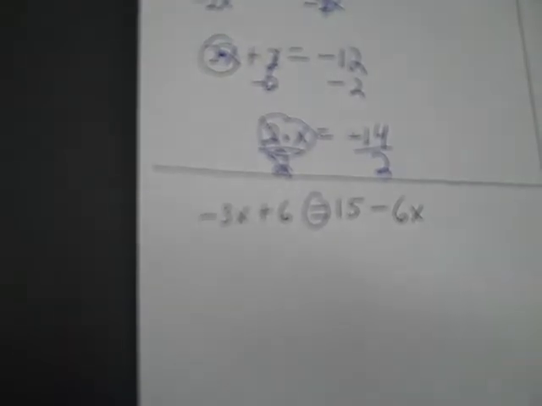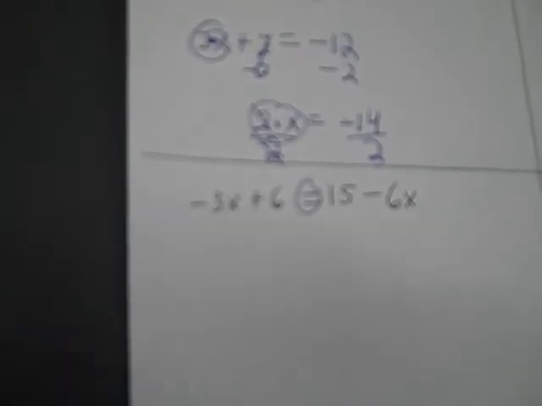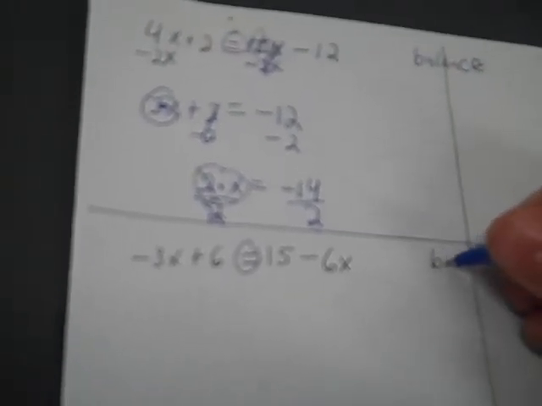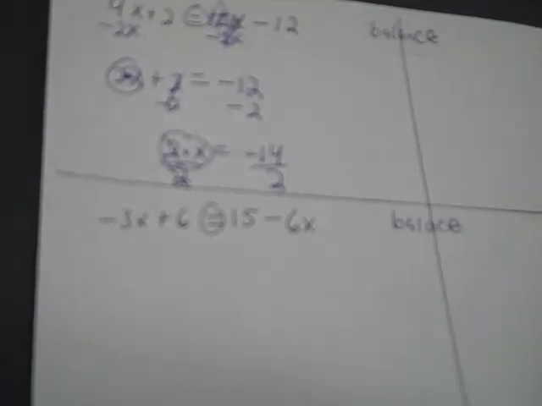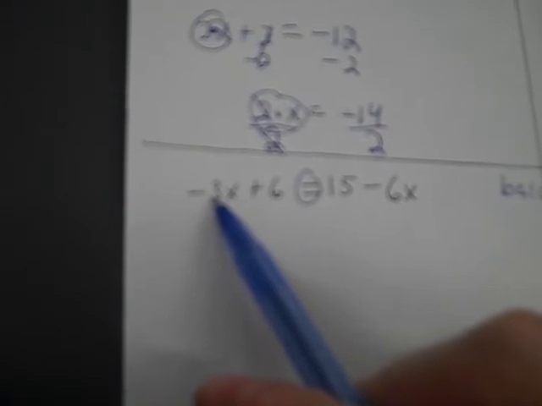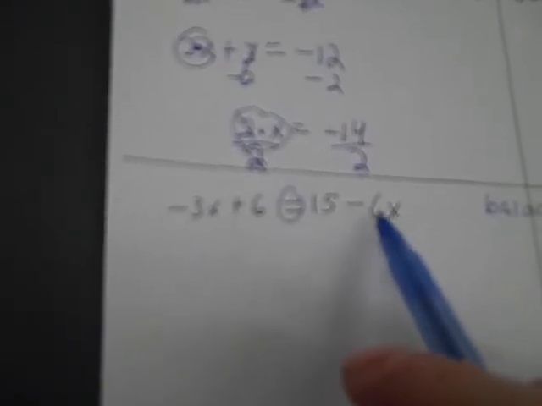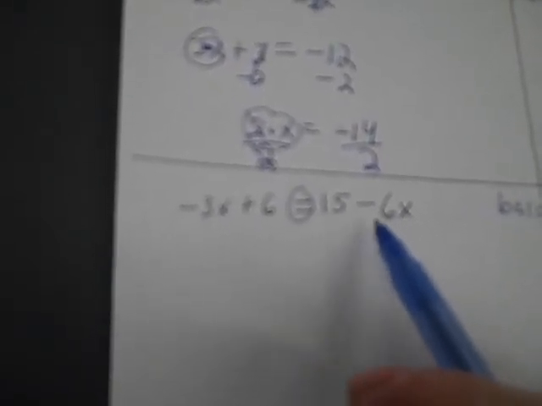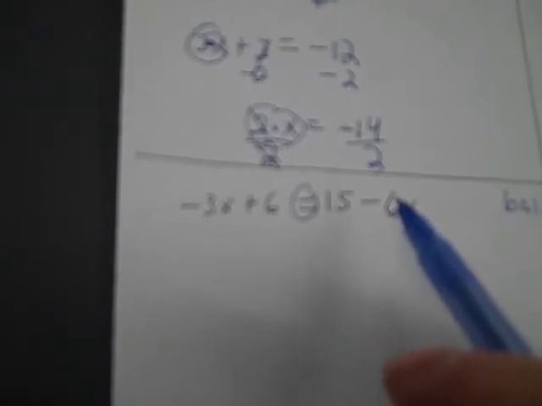Okay, the next one, again, the x appears twice, but it's on opposite sides. So you can't do the CLT triangle. Instead, you need to balance the equation. So you have a negative 3x, and that's a minus operator, but we're going to think of that as a negative 6x. So what's smaller, negative 3 or negative 6?